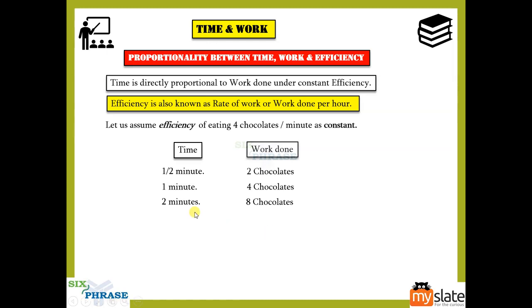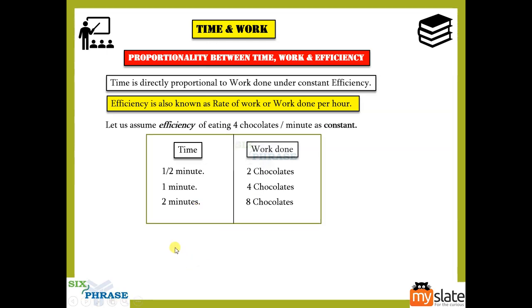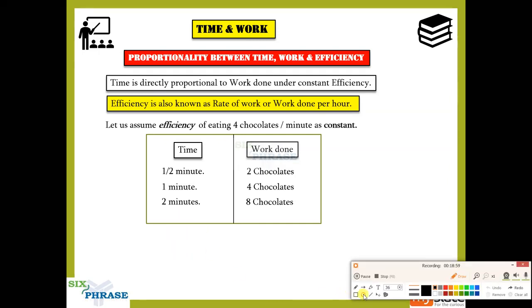Now pay close attention here. When time is increasing, the number of chocolates is also increasing. When the time is decreasing, for example from 2 minutes to 1 minute, what is happening to the number of chocolates?